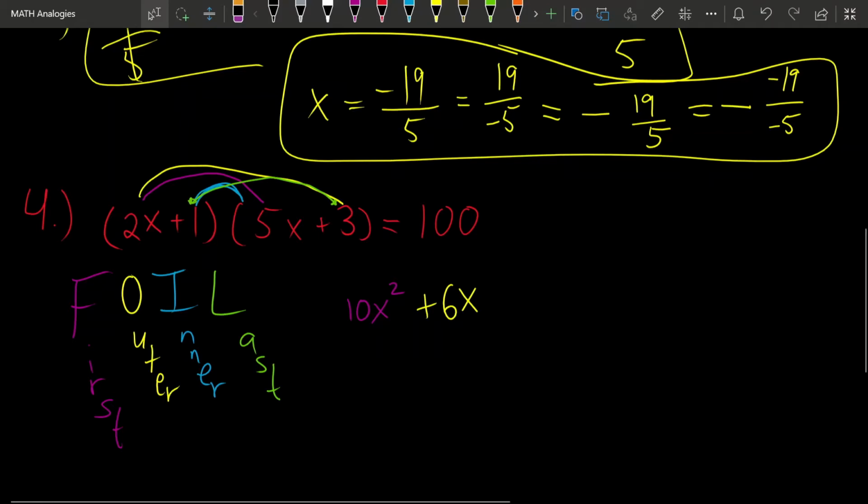All right, now we go to inner, the blue, 1 times 5x. Well, 1 is awesome, it's just the multiplicative identity, which you will hear stated as anything times 1 is itself. So we don't know what x is, we don't know what 5x is, but we do know that 1 times 5x is just 5x.